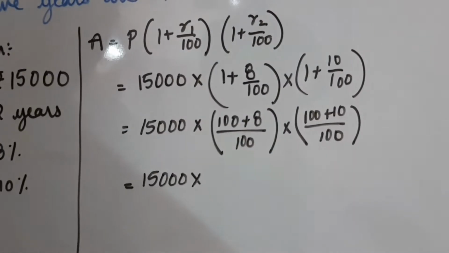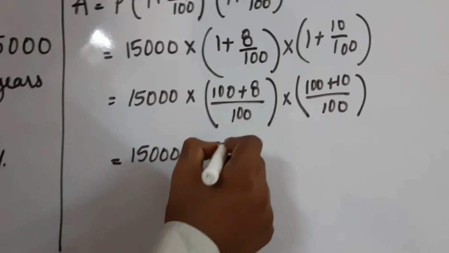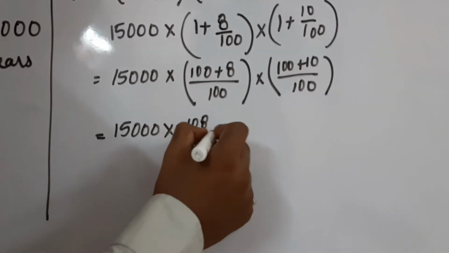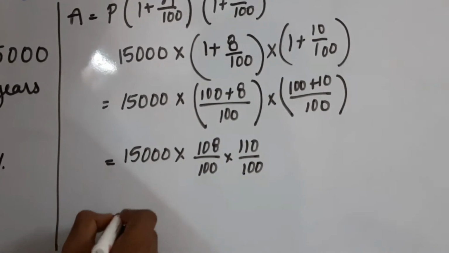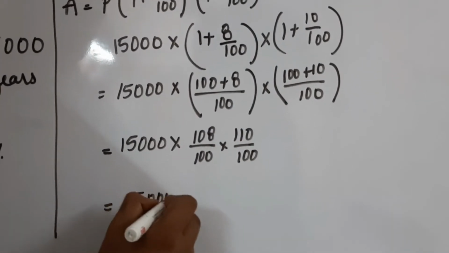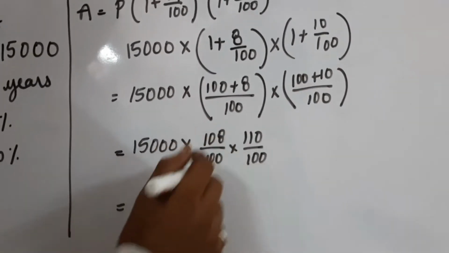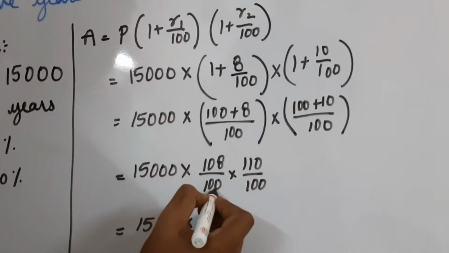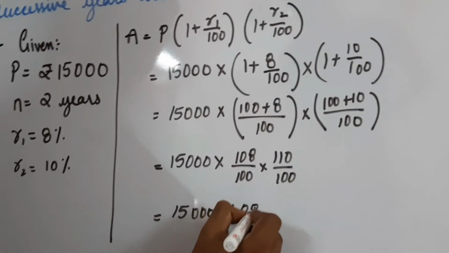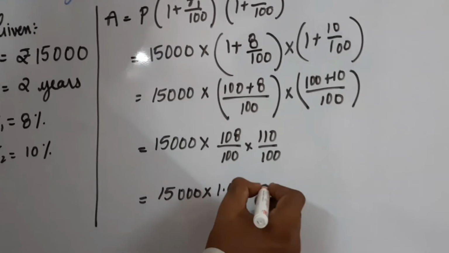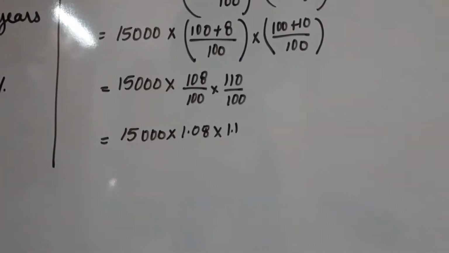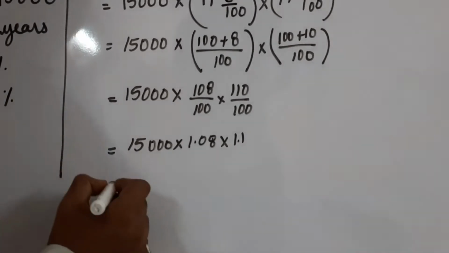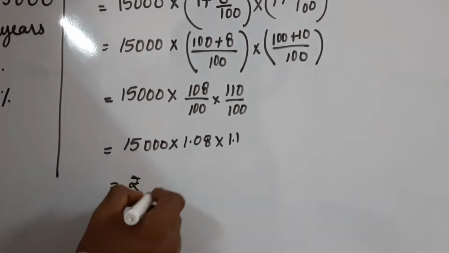Make it simple: 15,000 into 108 by 100 into 110 by 100. 108 by 100 is 1.08 in decimal form, same as here, 1.1. Please do multiply it.